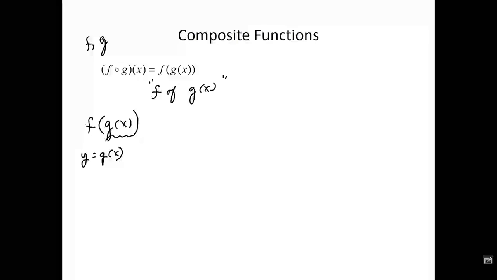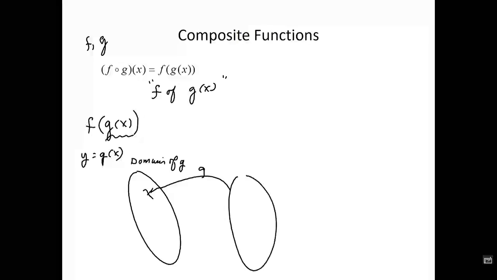This is the domain of g, so I got x. Let's say the x, of course, is in the domain of g. If I apply g to the element in the domain, I'm going to get g of x. g of x is actually in the range of g.